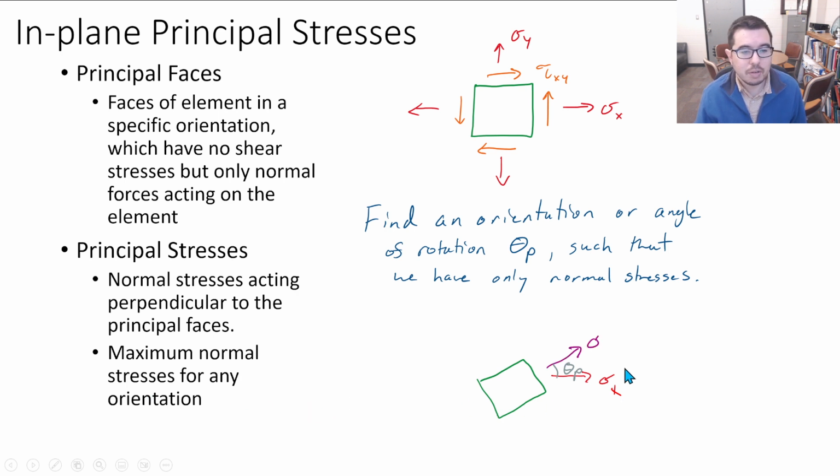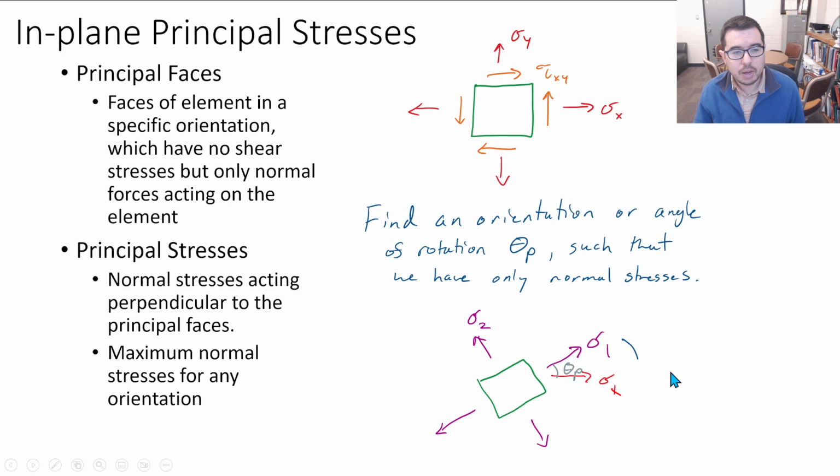Okay, so we find an orientation such that we can find a sigma 1 and a sigma 2 that are orthogonal to these faces, and there are no shear stresses. Pretty straightforward concept, right?